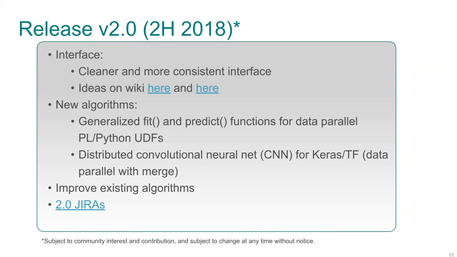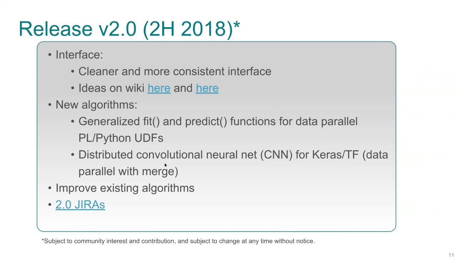By virtue of the Postgres heritage of Greenplum, we can run PL/Python functions. The idea is to make it much more convenient for data scientists to bring Python code to Postgres or to Greenplum, and then call these generalized fit and predict functions to build models in parallel. So that's one track of work.